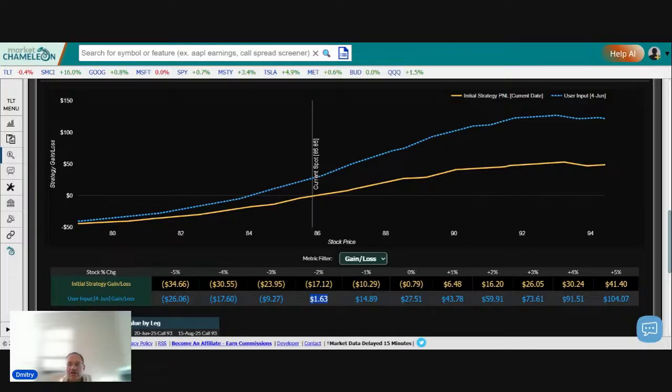So if our implied volatility outlook was that it's going to increase to 20, and we're right, well, now we see a different potential reward versus the risk.